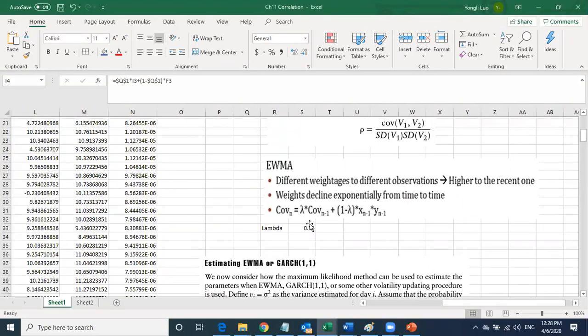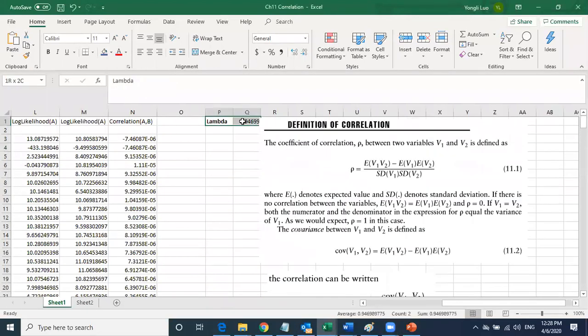So we assume we have a lambda. Whatever number you got here, you don't have to worry about that number, and later on we're going to maximize that.